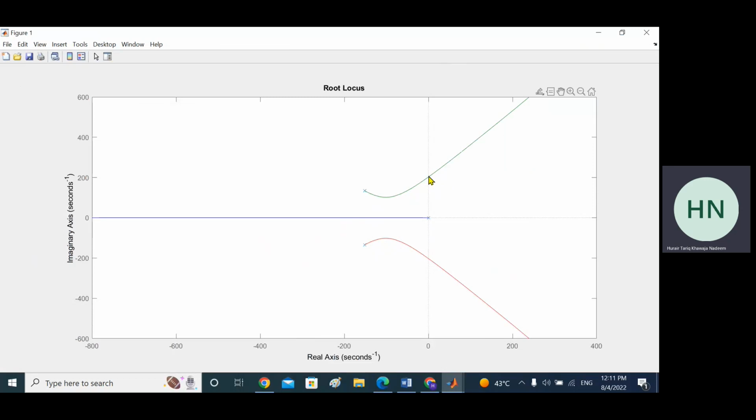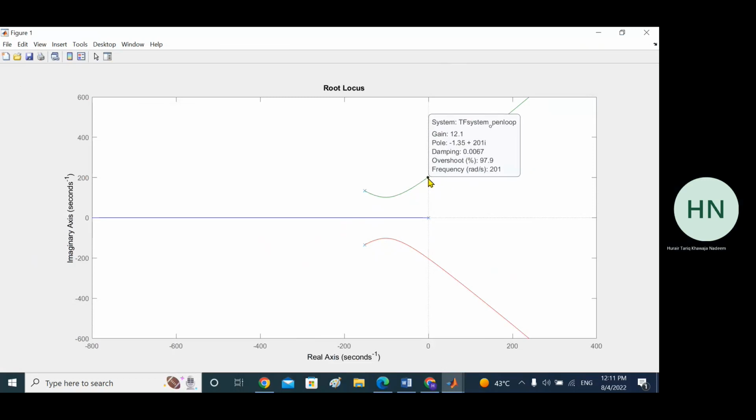Some students told me that their system is becoming unstable when they do part 5b. Some students complained that their system is becoming unstable at a KI value of 12.6 or something greater. Look, when the gain is at 12.7 or 12.6, what is happening?